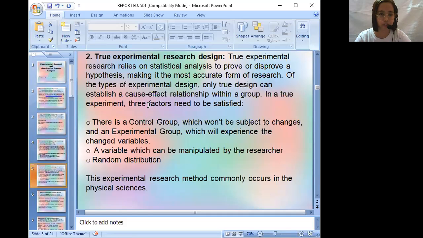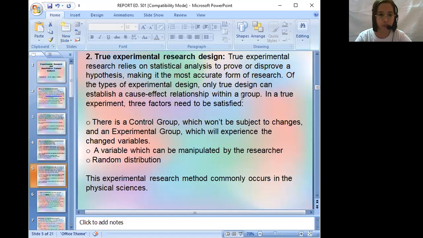Next, we have true experimental research design. True experimental research relies on statistical analysis to prove or disprove a hypothesis, making it the most accurate form of research. Of the types of experimental design, only true design can establish a cause and effect relationship within a group. In a true experiment, three factors need to be satisfied.